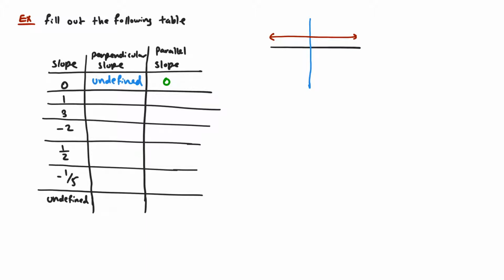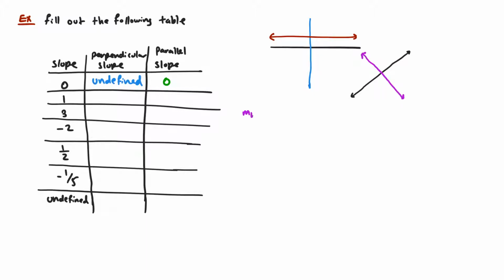Now, if your slope is 1, that means the line is going at a 45 degree angle. If a line is perpendicular to it, you can actually see that it has the same steepness, however, it's just negative. And you can also put this into the equation.